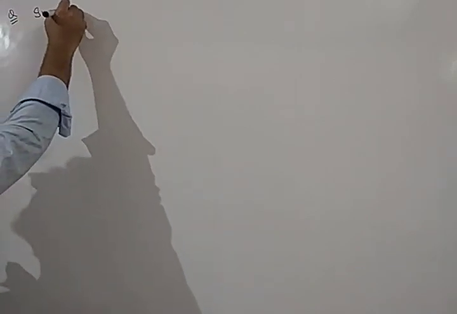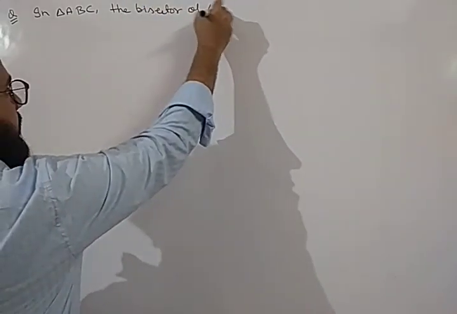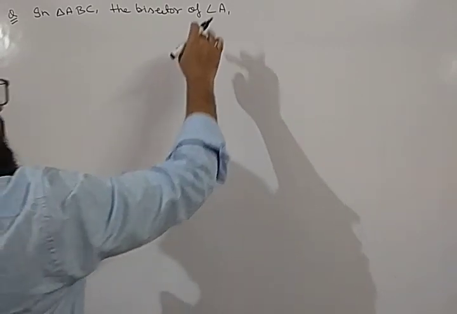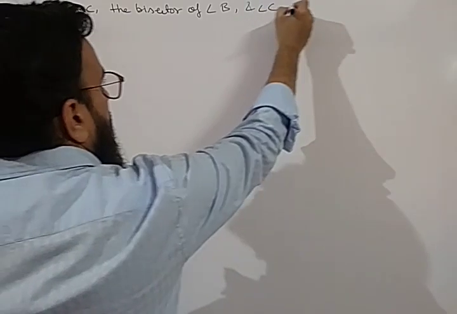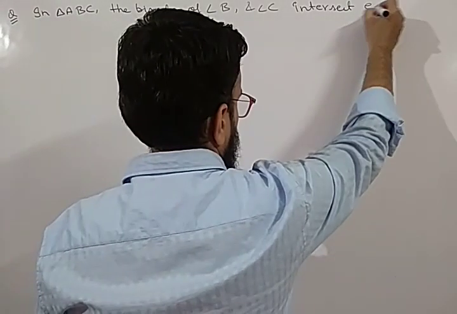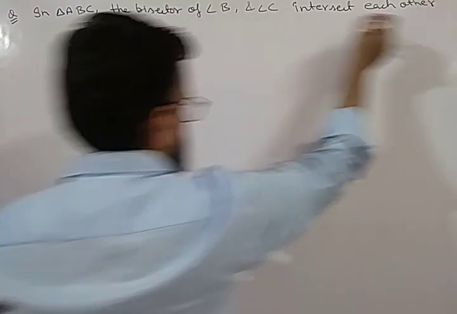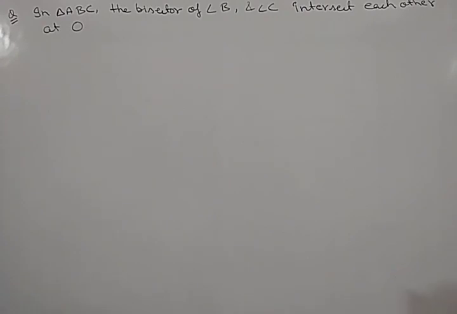If the bisectors of angle B and angle C in triangle ABC intersect each other at O.